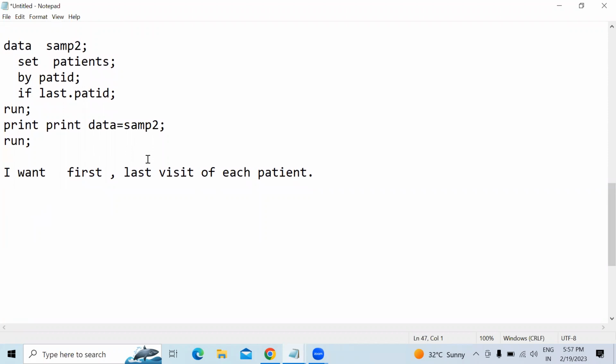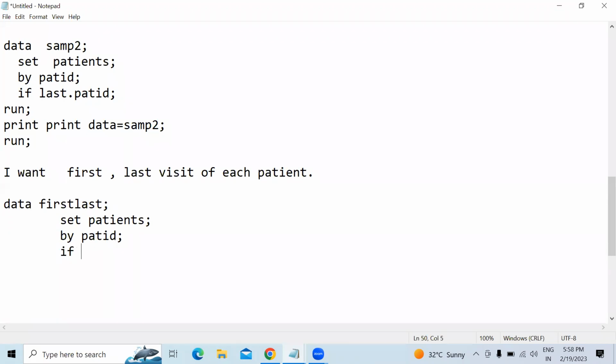You are unmuted, sir. Data. Yes, data. Sampling. Last. Okay. Set patients by patient ID.